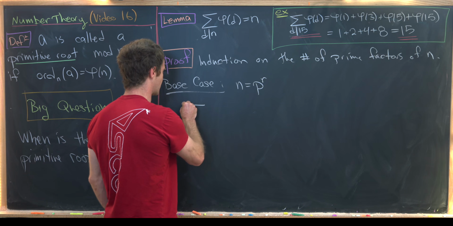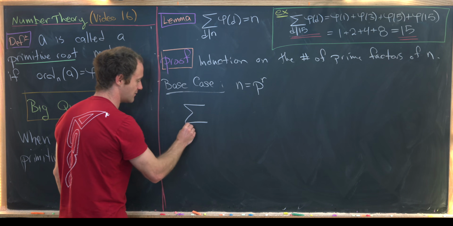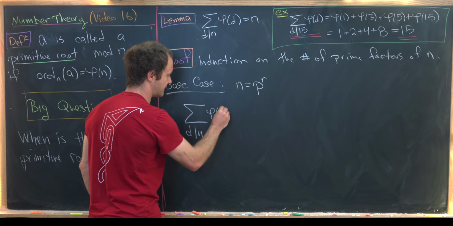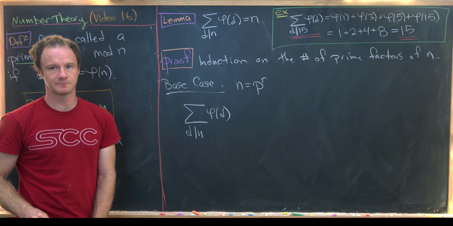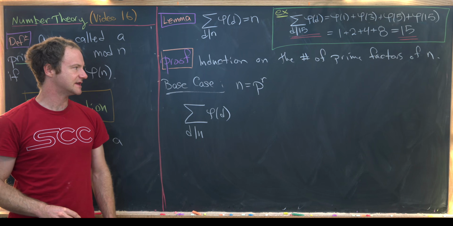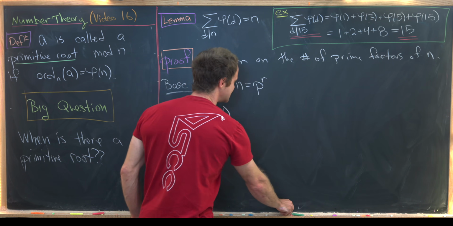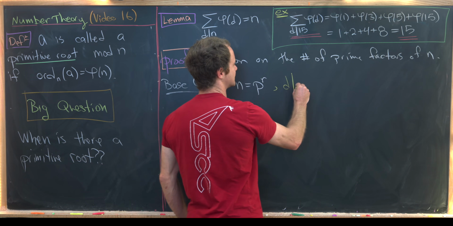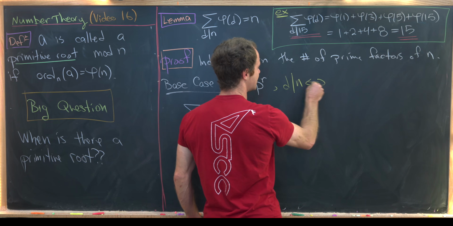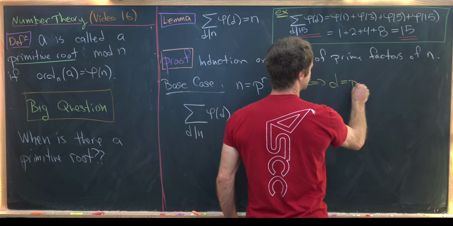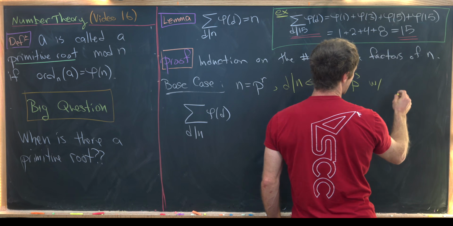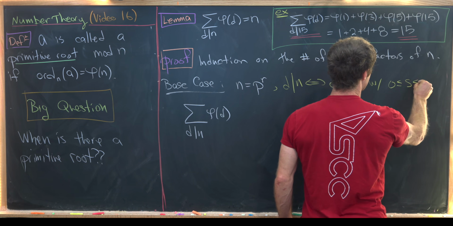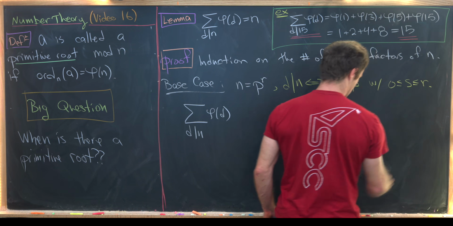Now let's do our calculation. So we've got the sum over all divisors of n of phi of those divisors. Well, if n is a power of a prime, then it's easy to write down the divisors. So d divides n if and only if d is equal to p to the s, with s between 0 and r.